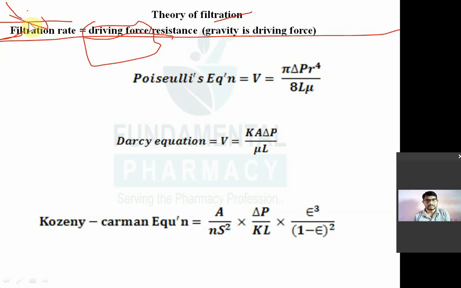Because of that. Now this theory of filtration involves this: filtration rate is nothing but the driving force divided by resistance. In case of no pressure, gravity is the driving force.